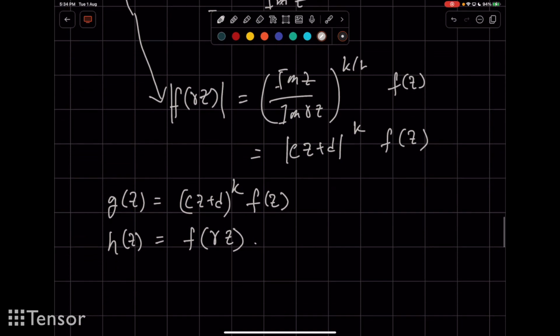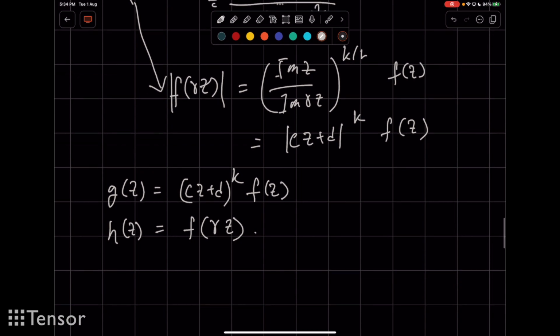Right. And if we take the ratio of these two functions, first things first, we assumed that f is not identically 0.